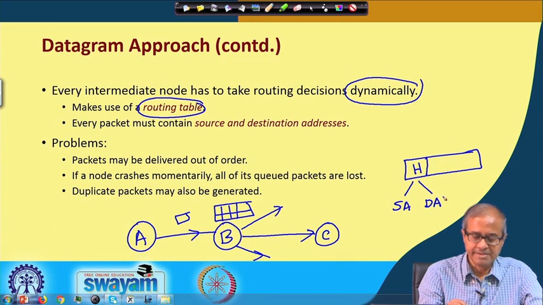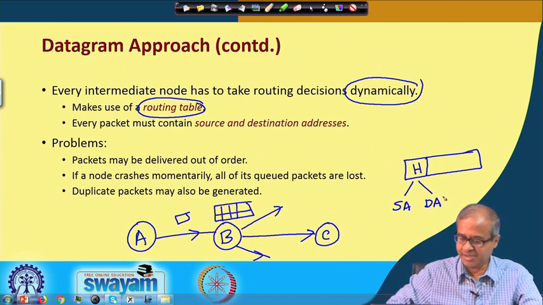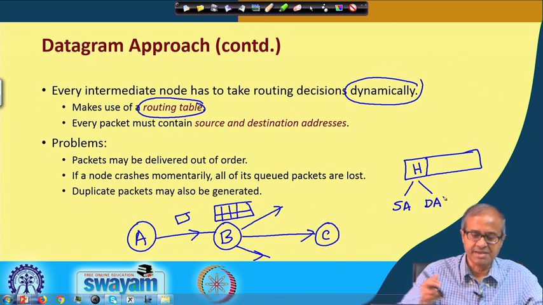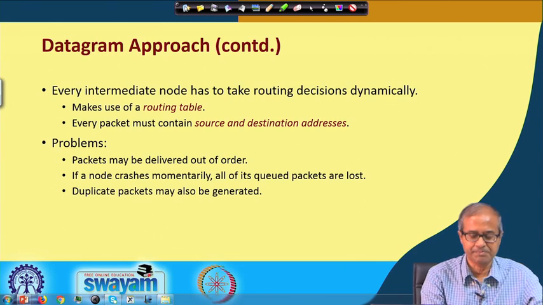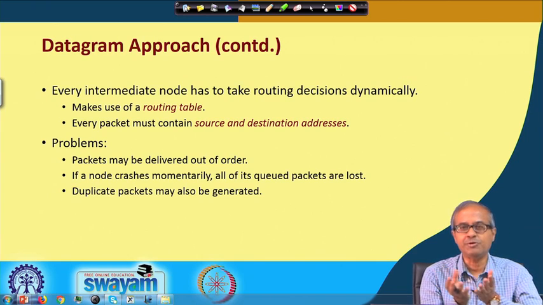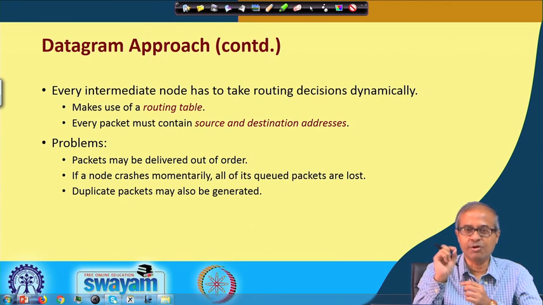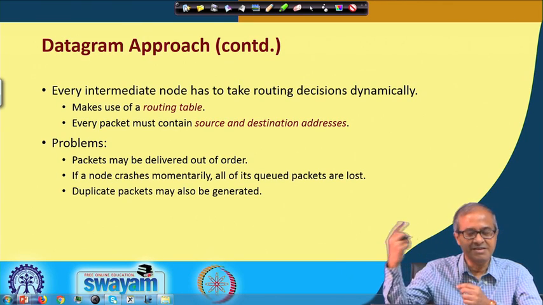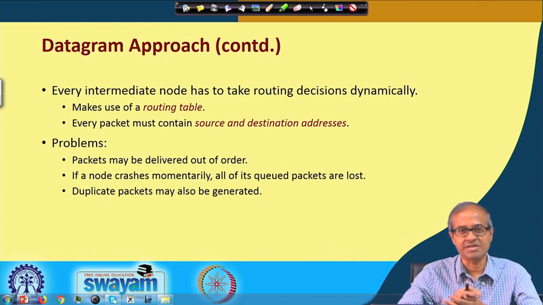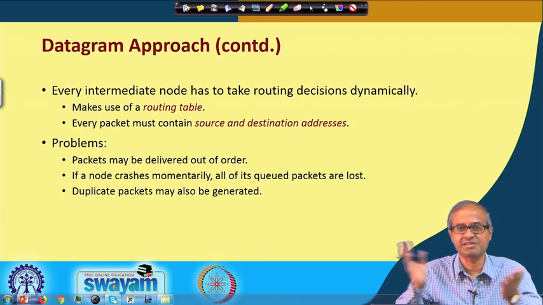Now, just like the normal postal system, here there can be some problems. When you post letters, there is no guarantee that the order in which you post them will be the order in which they get delivered, courtesy of the way the letters are sorted and delivered.